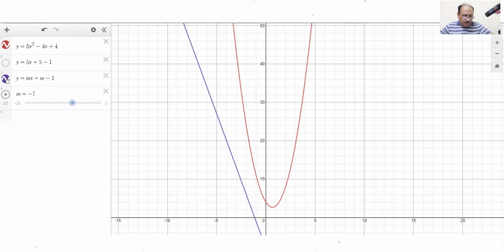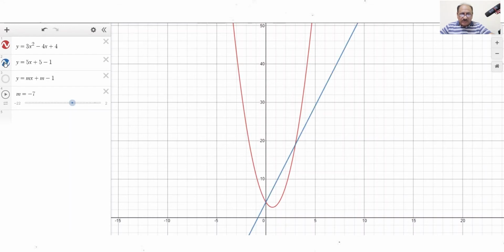And now if we take any value for m, like any value which is greater than 2, like I have taken here m is equal to 5, so I have written the same equation: y is equal to mx plus m minus 1. I have just replaced m by 5, and we will get y is equal to 5x plus 5 minus 1, and this will be the equation.